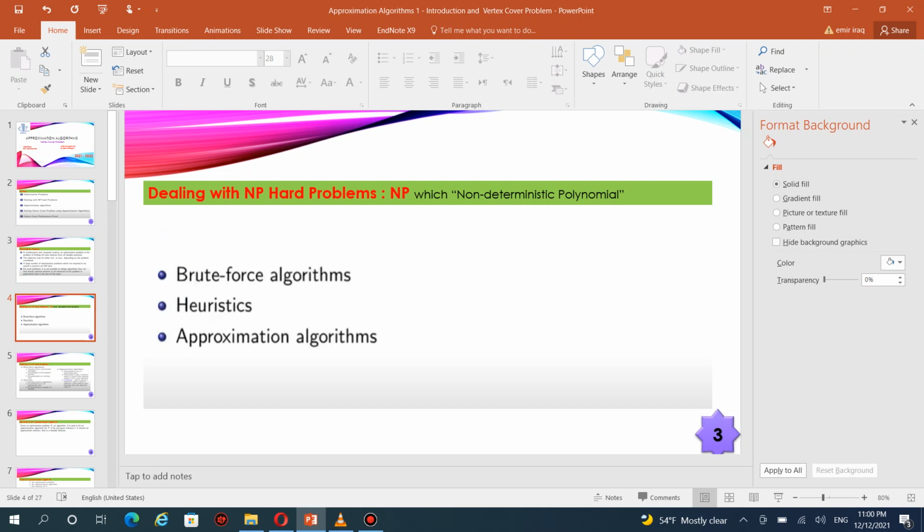We have P, the easy problems, called polynomial, and we have NP, non-deterministic polynomial, and we have NP-complete, which is more difficult than the other two types, and also we have NP-hard, a very difficult kind of problem.